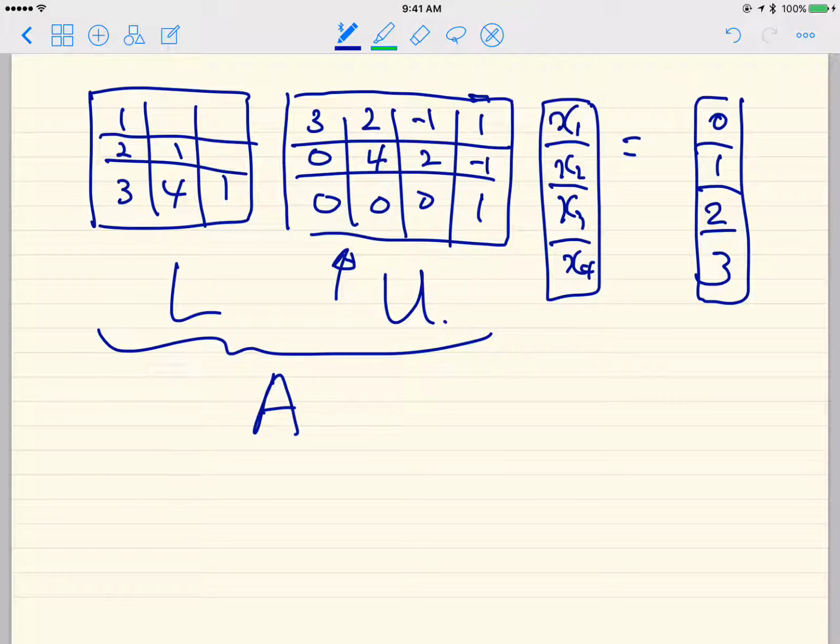If it has multiple solutions, we have to use a parametric vector form. But now let's change the situation slightly. Someone already gave you the LU factorization of your matrix A. Now how can we utilize it so that we can easily compute the solution for this linear system? I'm going to show you how.